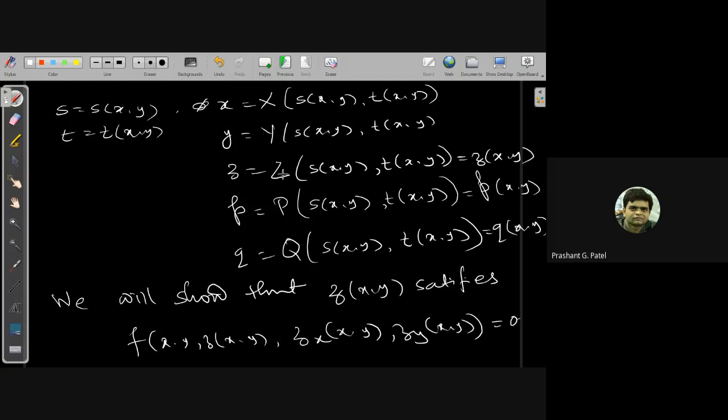That means whatever solution, whatever surface we get from this, it is a solution of the given nonlinear partial differential equation.